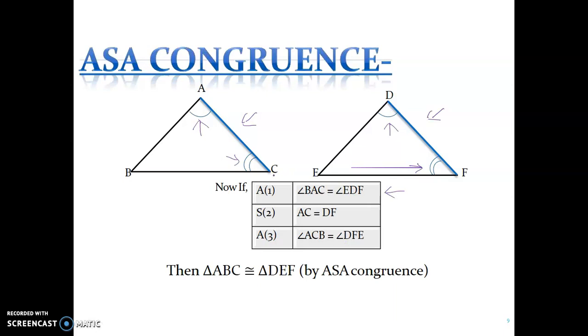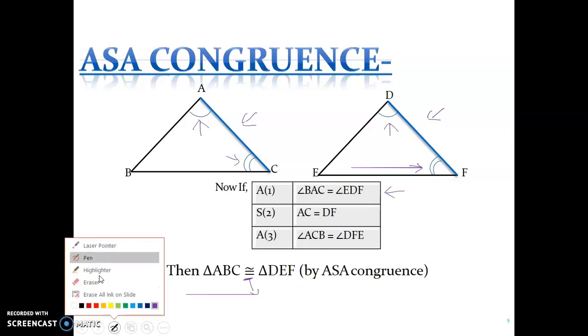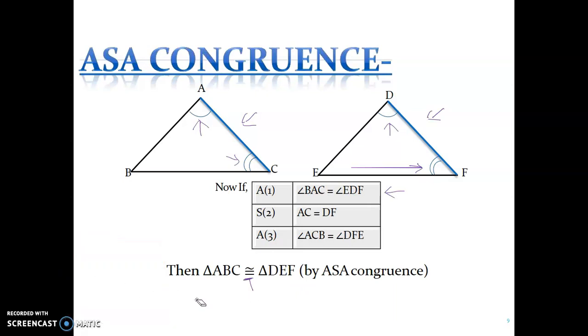Can you see the arrows? So corresponding angles and the included side are equal. Then triangle ABC is congruent, this notation is of congruence, to triangle DEF by ASA congruence. I hope, students, you are following.